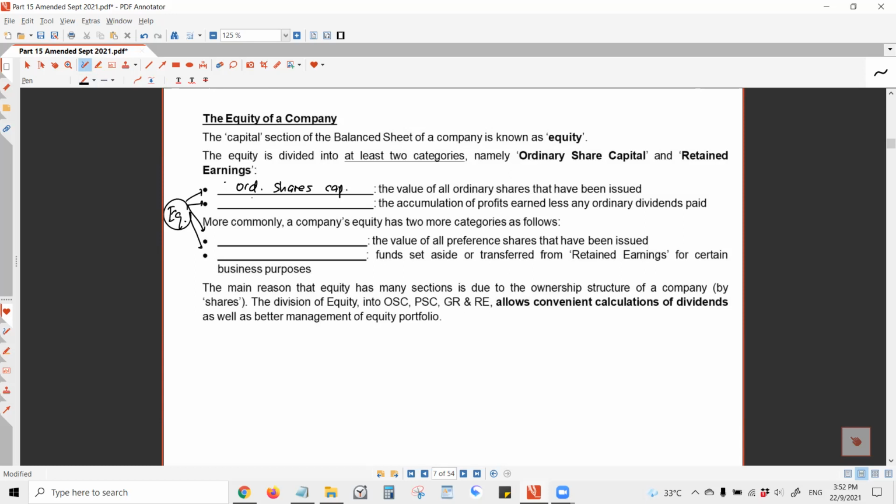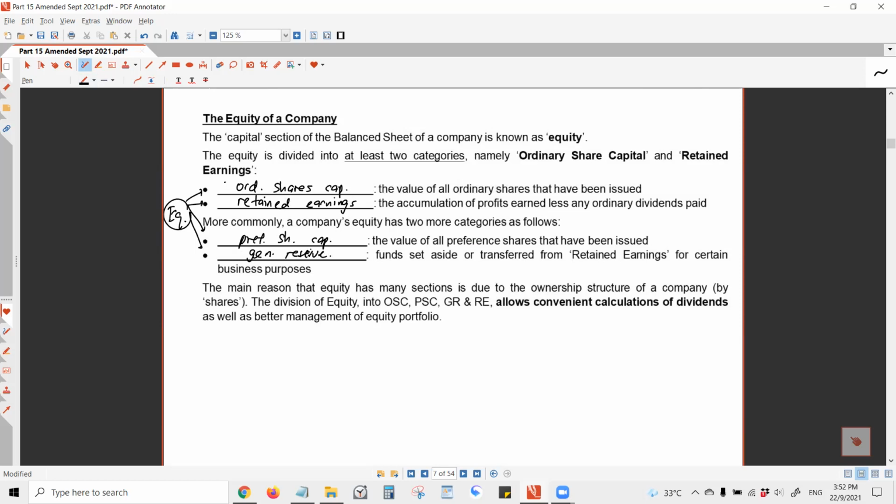Second one, you write retained earnings. The meaning you read yourself, okay? Third one, you write preference share capital. You write in short form first, you complete it later. Last one, you write general reserve.